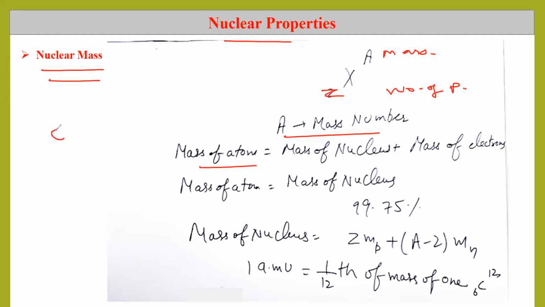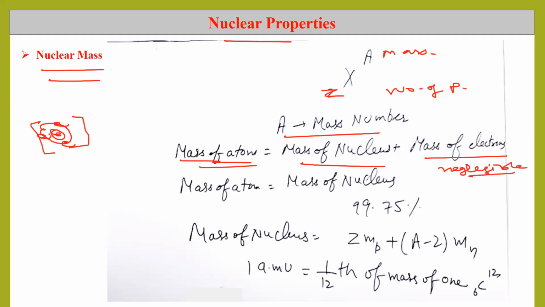For example, this is the nucleus and these are electrons, in orbitals where electrons are revolving around the nucleus. So this whole structure represents the atom. If we consider the mass of the atom, the atom includes the nucleus as well as electrons in the orbitals. So the mass of the atom will be the mass of the nucleus plus the mass of the electrons, and we know that the mass of an electron is negligible, so we can neglect it.